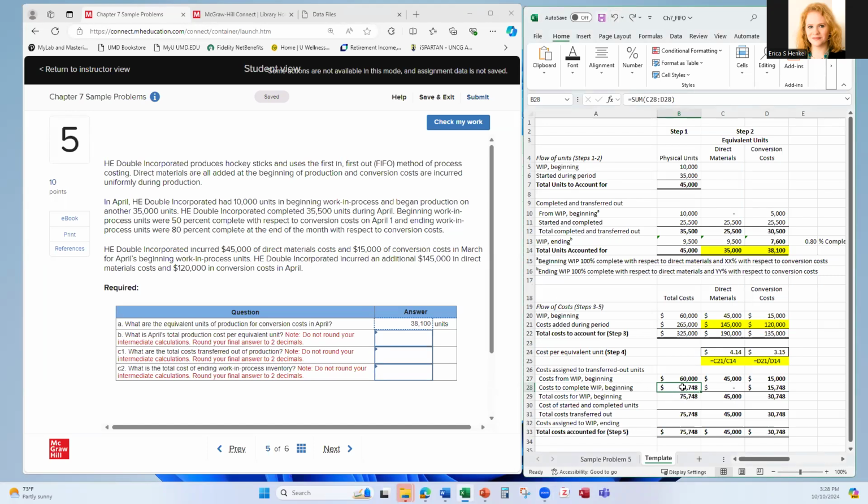Okay, so costs to complete the WIP were just the additional conversion costs there. The total costs for the WIP were the beginning costs plus the completion costs. And then the cost of the started and completed units is just going to be the number of started and completed units, so B11 up there, times, actually, let's just do this as a sum.